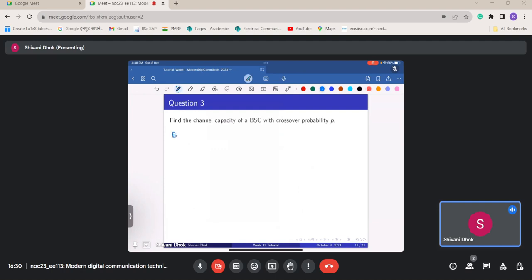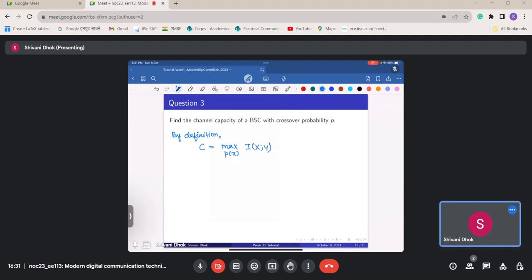By definition, this channel capacity is given as the max over the distributions of the mutual information I of X comma Y.